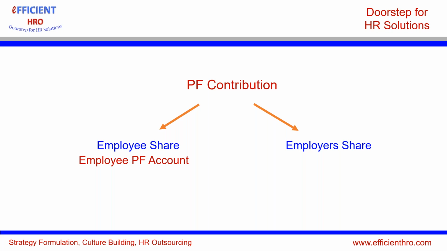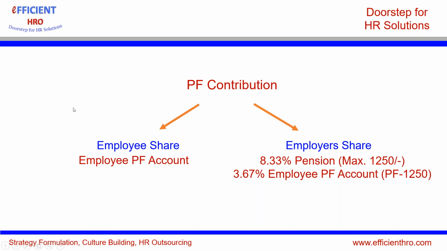Out of the employer share of 13%, 8.33% will go to pension, wherein the upper limit will be 1250. So the pension contribution can't go beyond 1250.